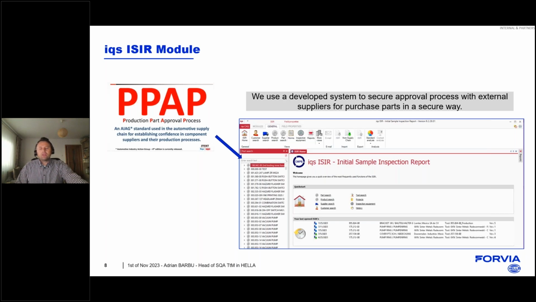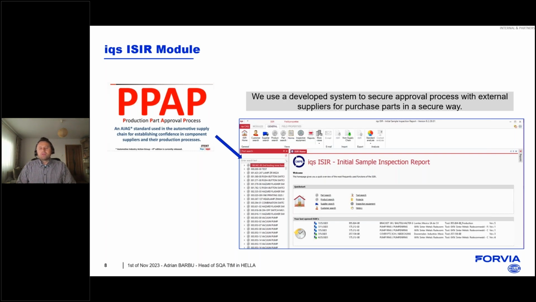With the APQP, which has been started, and continuing with the PPAP process that we need to finalize, we are able to have a good understanding of how the suppliers are making progress.